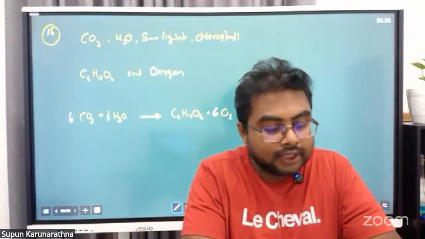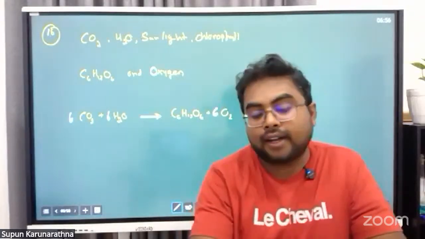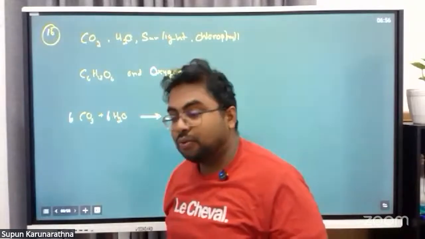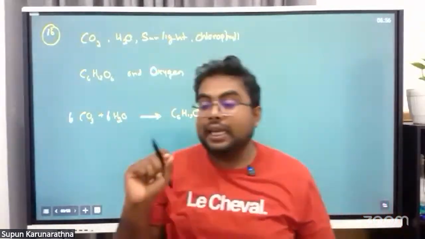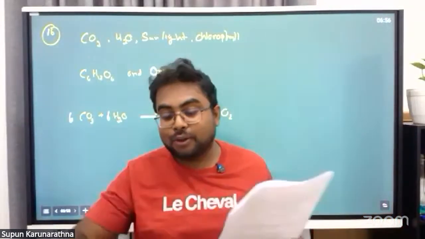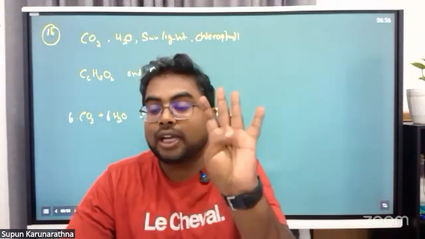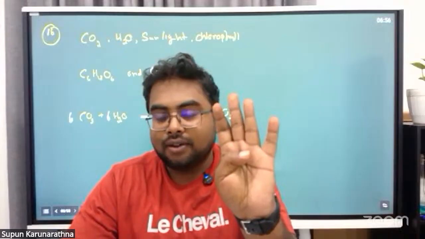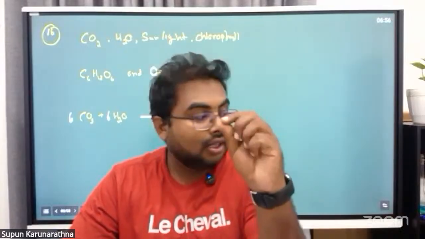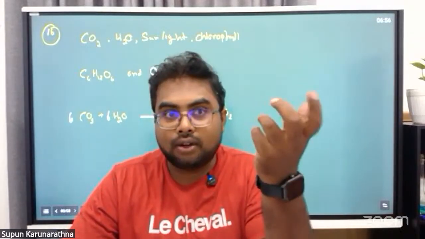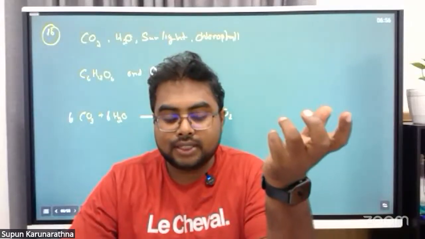Question number 17, select the double displacement reaction. Very important reaction. So what do you mean by double displacement? In your syllabus, after a long time, this discussion is coming. You have to learn about 4 types of chemical reaction. What are the 4 types? Just revise that.